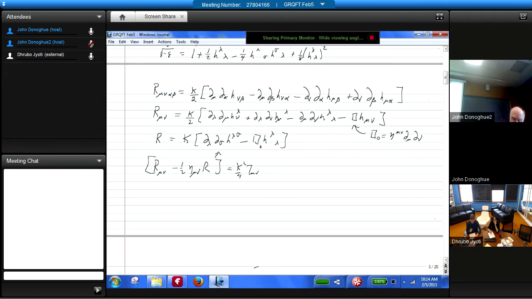And if you'll indulge me, I would like to just do the energy conservation at this stage here. Let's see if we can check energy conservation. We know T_{μν} satisfies the conservation law, so the right-hand side had better do that too.